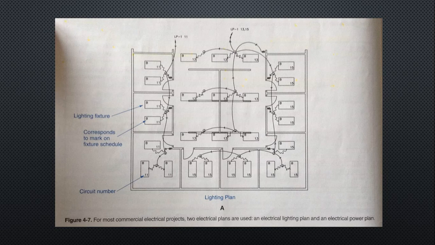An electrical lighting plan shows switches, lighting outlets, and fixtures, and the conductors connecting them. An electrical power plan shows the receptacle outlets and equipment with electrical feeds. Panels are often shown on both types of plans. Electrical plans include marks that reference schedules, elevations, sections, and detailed drawings.